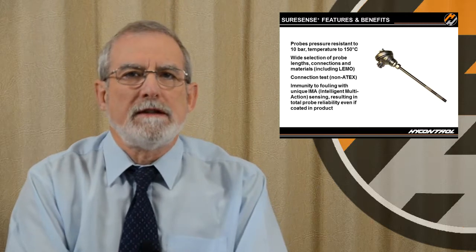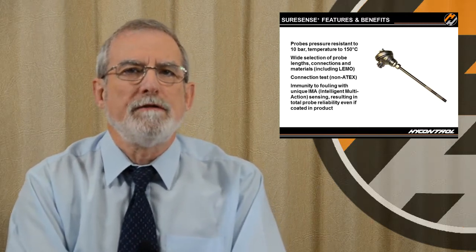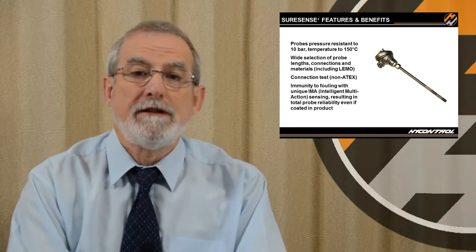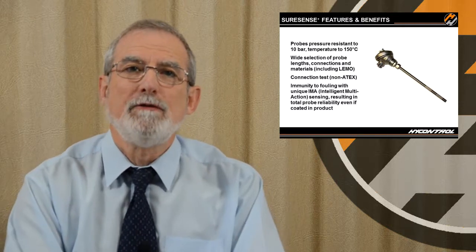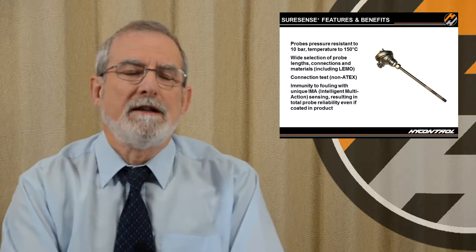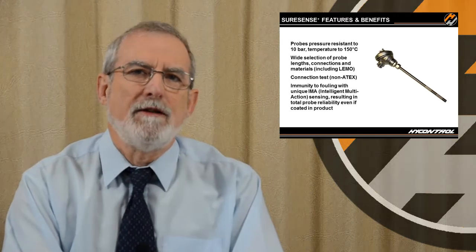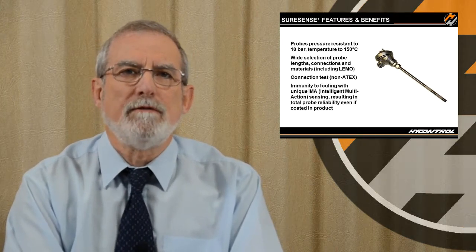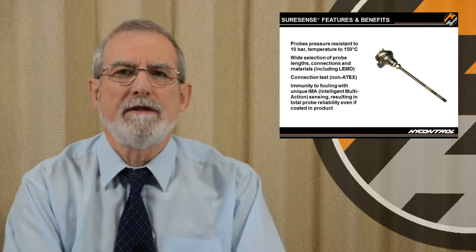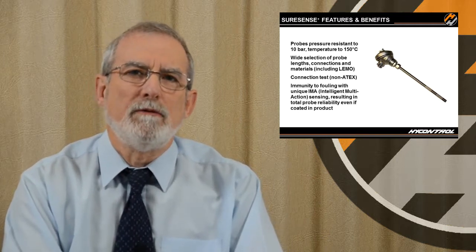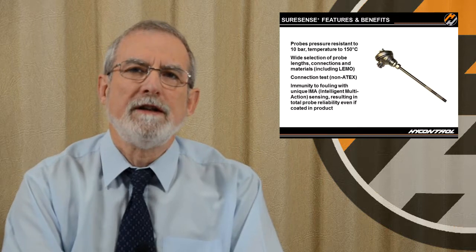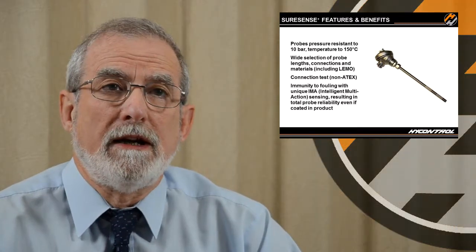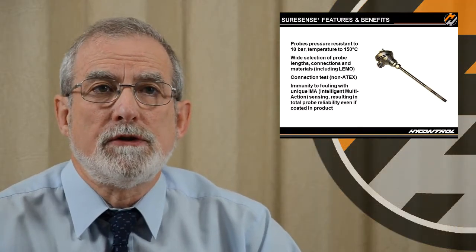Hycontrol sensors come with a wide range of fittings. Every industry seems to have its own process entry system, its own process fittings. So we've worked with a very wide range of different fittings, and we have a range that we can offer. There's a wide selection, so we can make it longer, shorter.